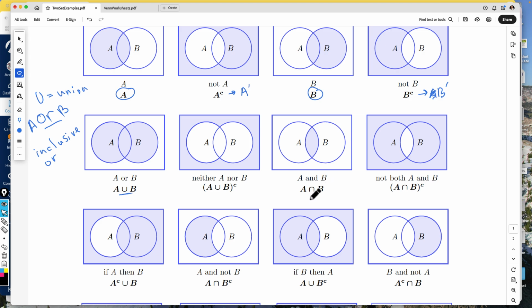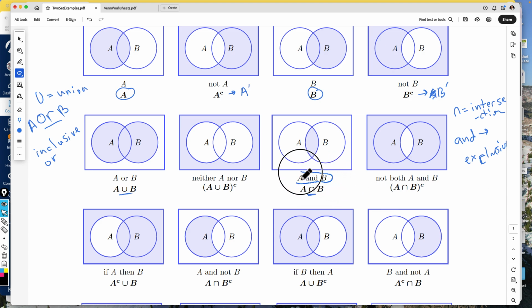Then we have something called an intersection, which is an upside down U. This means intersection, and this is the exclusive and. So this would be A and B, as they're showing here.